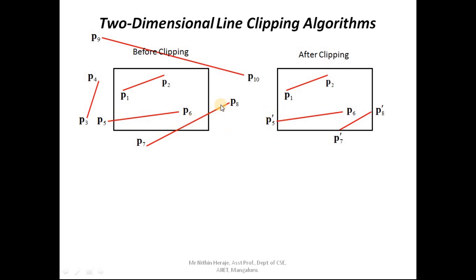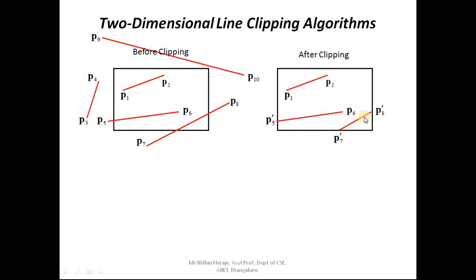Here you can see that both endpoints are outside the clipping window, but some of the line segment still passes through the window. So from this point to this point, the line will be clipped off, and from here to here also. The new point P7 dash and the new point P8 dash will be visible.